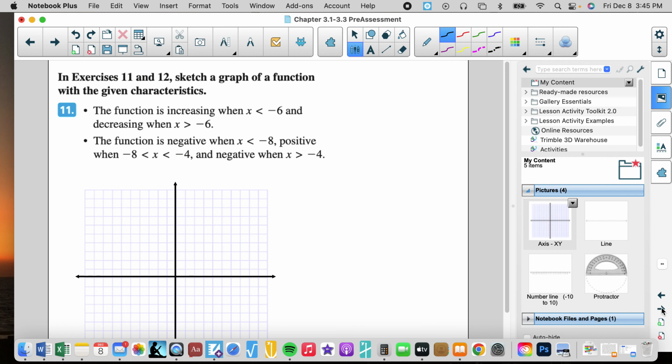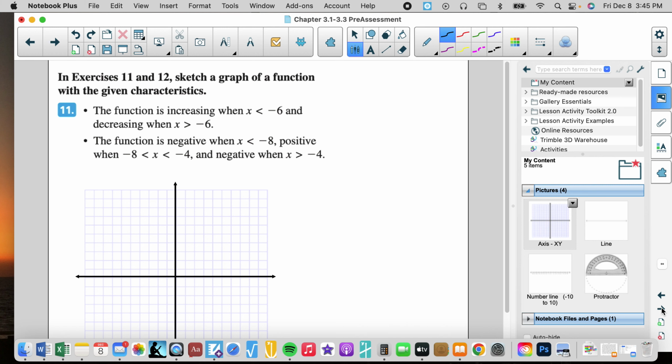In exercises 11 and 12, sketch a graph of a function with the given characteristics. This is pretty cool. I love this problem. You want to show knowledge? This is a great question. The function is increasing when x is less than -6 and decreasing when x is greater than -6.